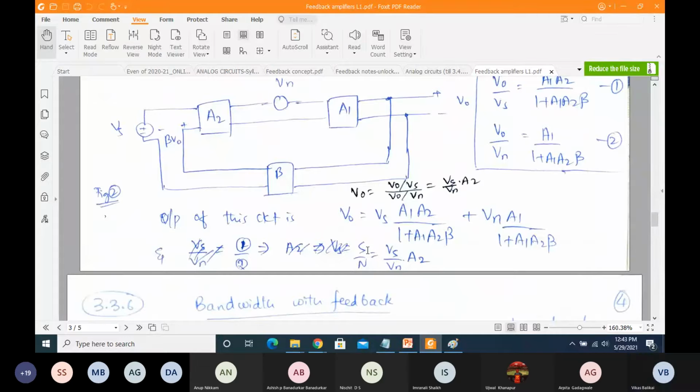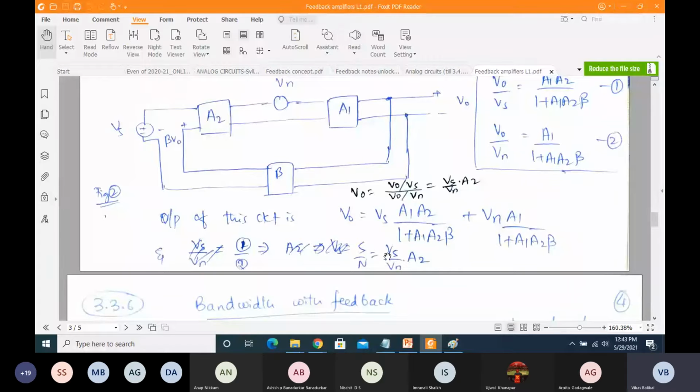See, even though the noise content is increasing, if at all noise increases, I can still minimize the impact of noise by increasing A2. You'll notice A2 is in my hand. Earlier this A2 was not there. If noise increases, the signal to noise ratio decreases.